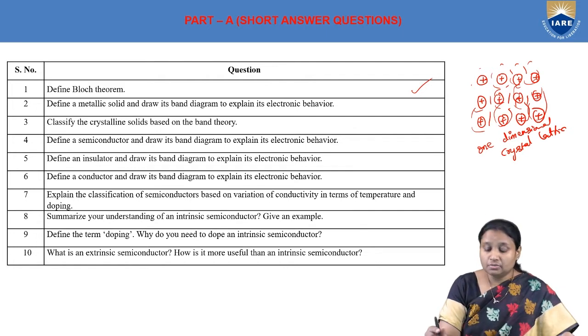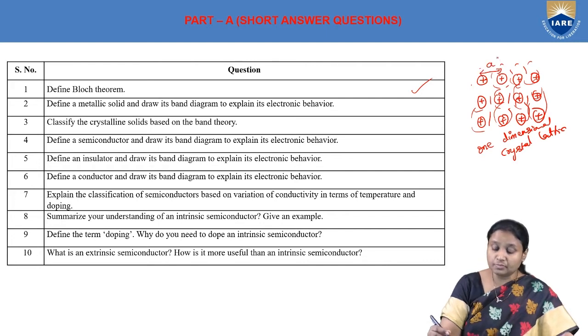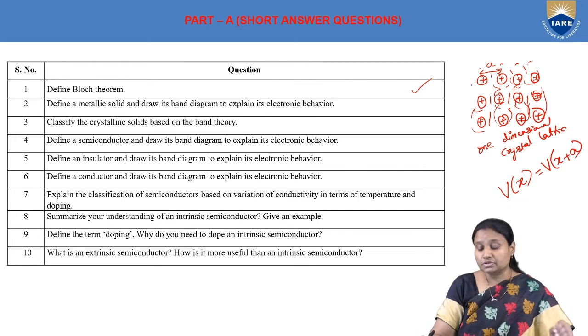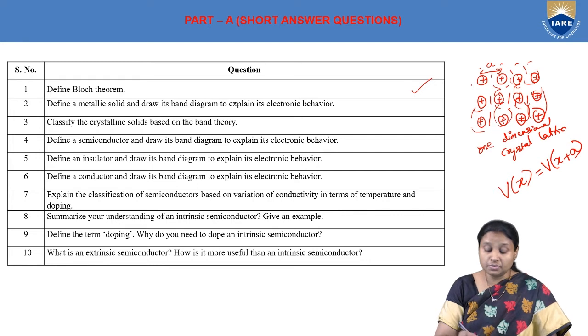And what you are going to understand here is, if we consider two adjacent positive ions, if a is inter-ionic spacing between these two adjacent positive ions, then its potential with respect to x, the distance of electron from any positive ion, you will observe that it is going to be periodic with respect to a. a is distance between two adjacent positive ions.